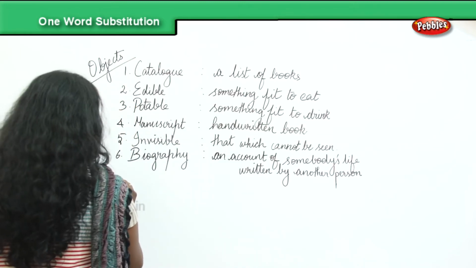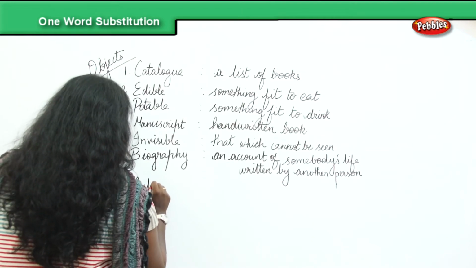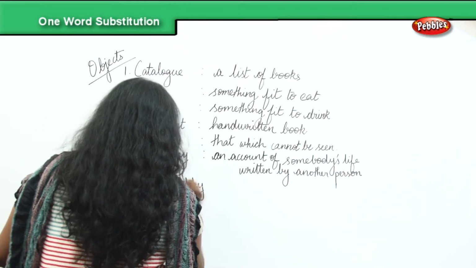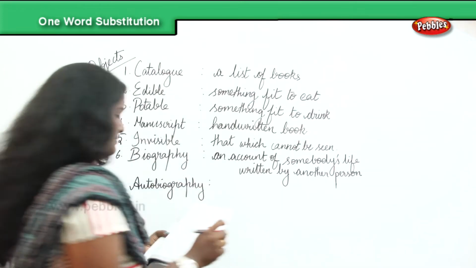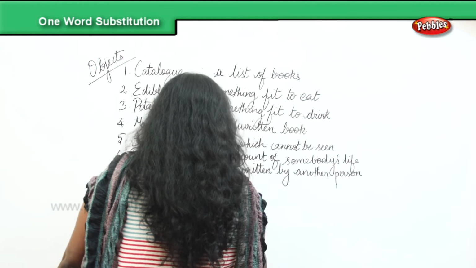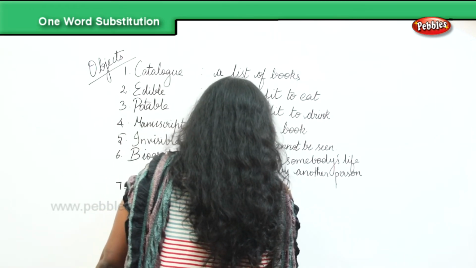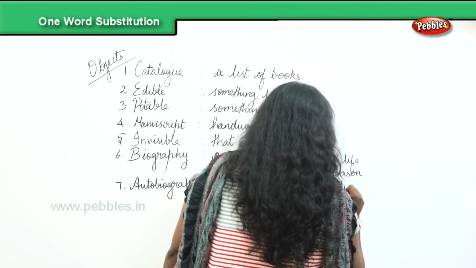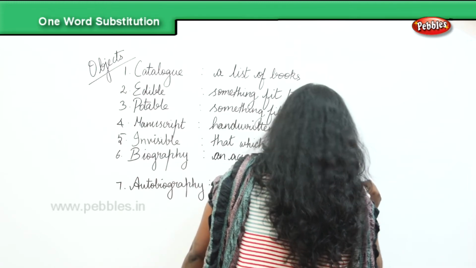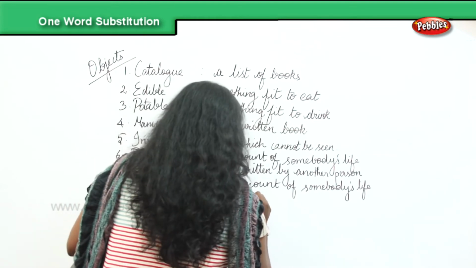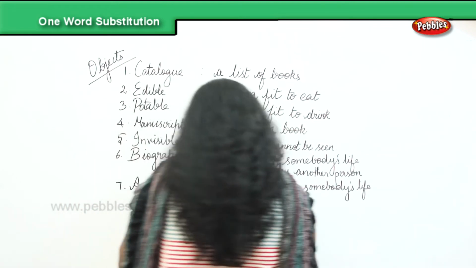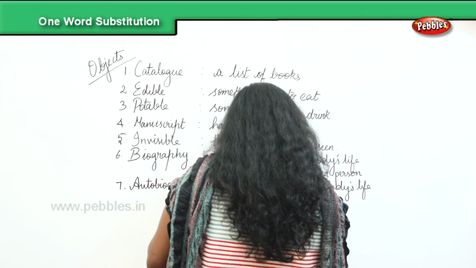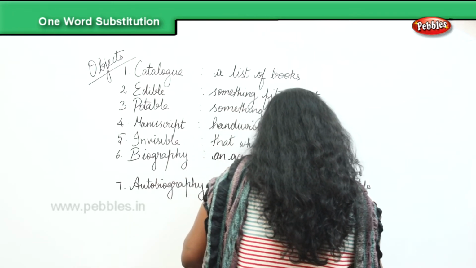Whereas, what is an autobiography? An autobiography is an account of somebody's life written by that person itself.